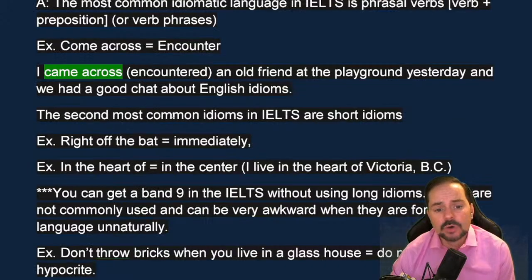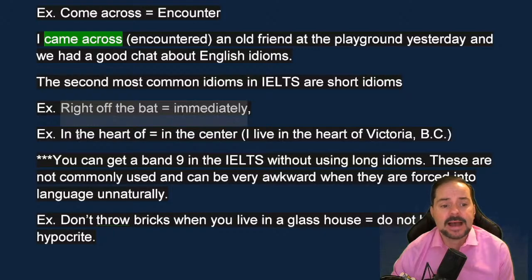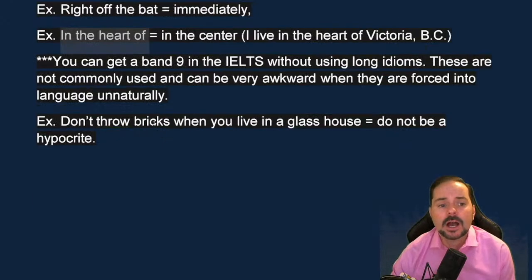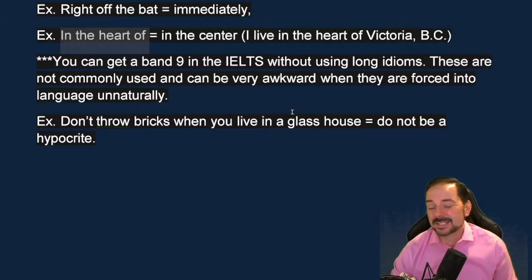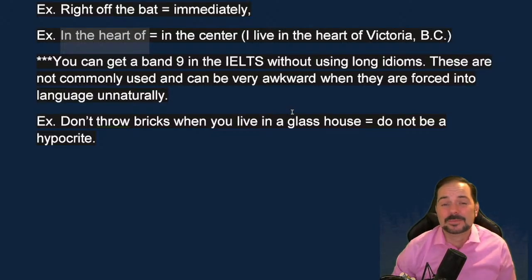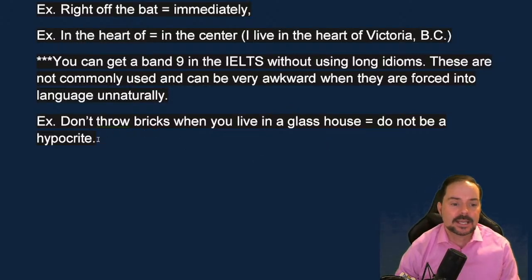And then the second most commonly used idioms are short idioms, like right off the bat or in the heart of. Don't use these really complex idioms like don't throw bricks when you live in a glass house. People make mistakes. They use them in awkward ways, and the examiner or the listener's kind of like, what? So be careful, and never ever translate idioms, okay?